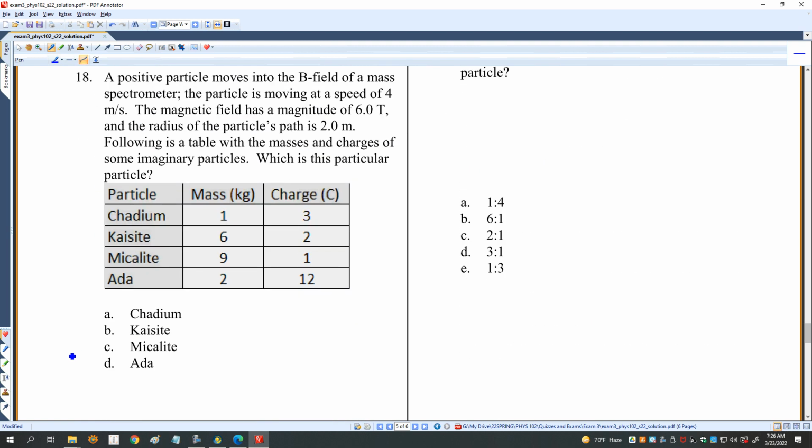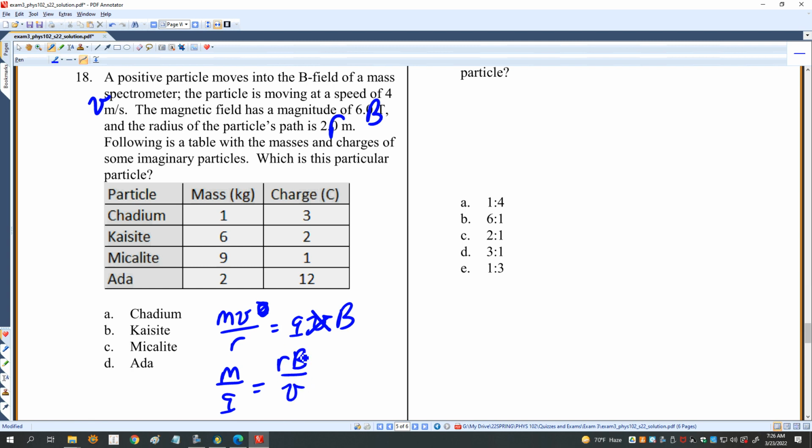Okay, a positive particle moves into a B field in a mass spectrometer. There's its speed, there's its magnetic field, there's the radius, and I want to know what is the mass to charge ratio. So m v squared over r is equal to q v B. Right, that's the centripetal force equal to the magnetic force. So the v goes away. I want to know m over q. m over q is r B over v.